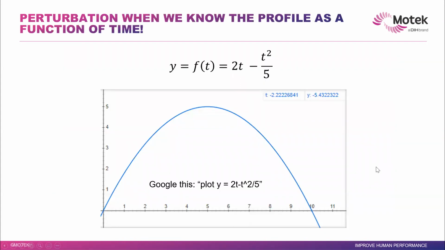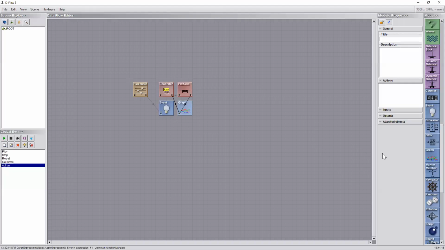For the beginning of learning more about perturbation, let's look at the profile, against time, of what type of motion your motion base or your treadmill can go through. Let me show you how it looks, and then we will take it from there.